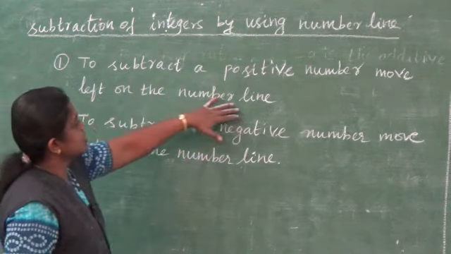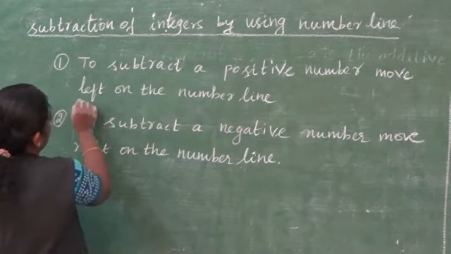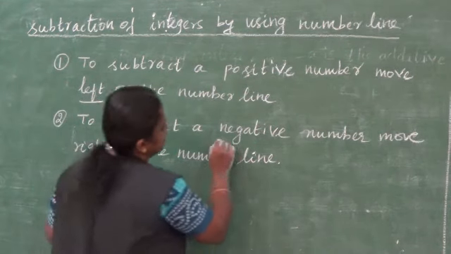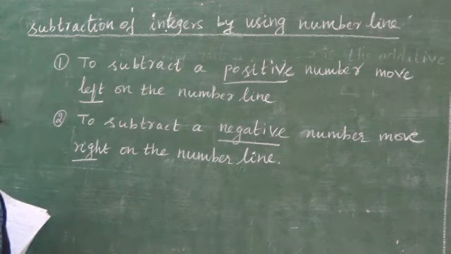To subtract a positive number, move left on the number line. To subtract a negative number, move right on the number line.